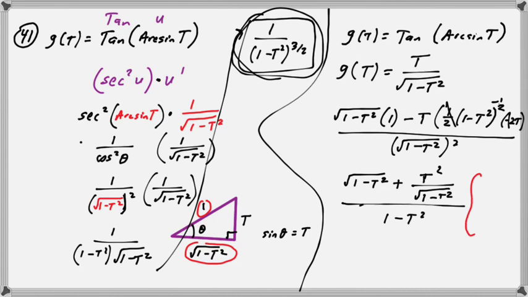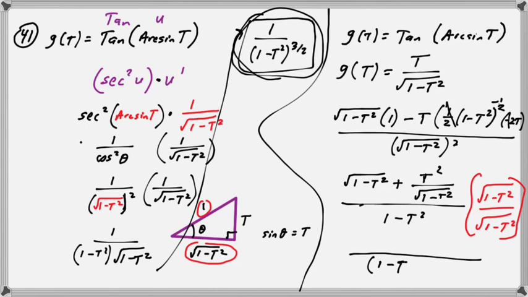Now what happens if you do this? Well, on the bottom you'd have what I have on the left, you'd have 1 minus t squared to the 1 1/2 or 3/2. That's the same thing I have here, right? On top, what would you get?